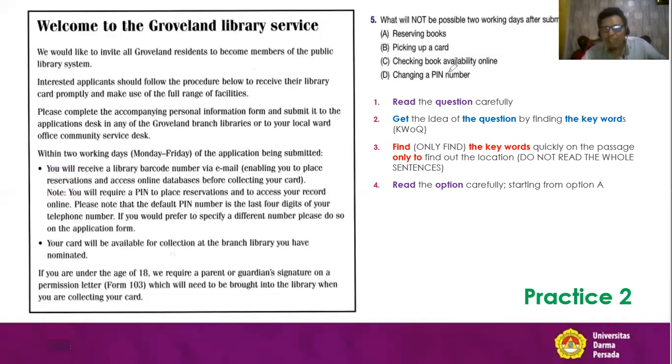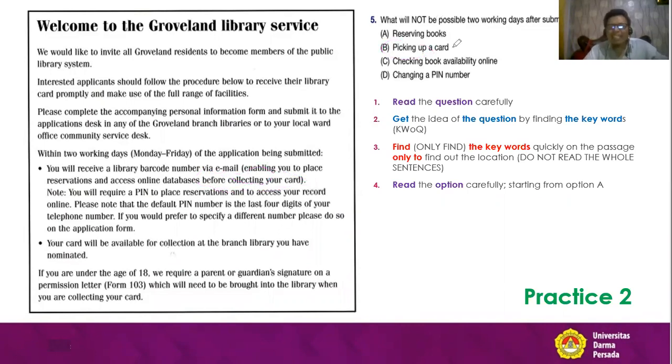No, because the question is not. Okay. Picking up a card. Let's see, picking up a card. You have this one: before collecting your card. That means picking up a card is the same meaning as collecting.